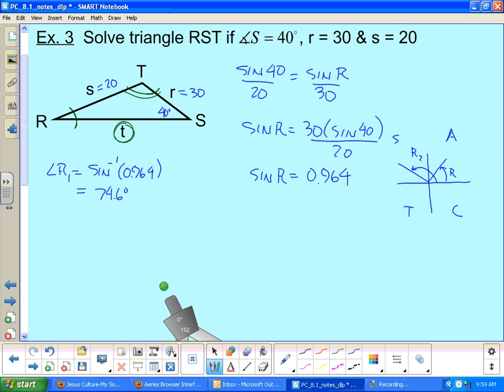Okay, now, how do I find R2 again? 180 minus that, because 74.6 is a reference angle. Go put your reference angle in quadrant 2 and do 180 minus your reference. So 180 minus 74.6 degrees gives me 105.4 degrees. All right, so here are my 2 angles that could happen for this triangle.